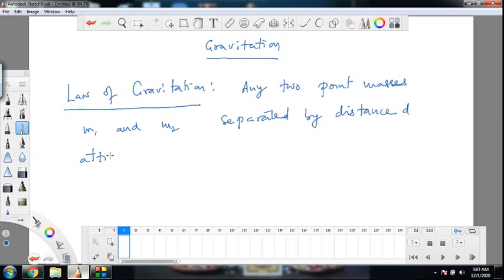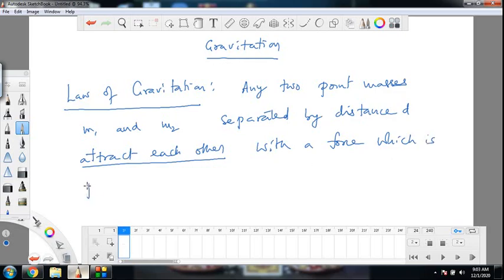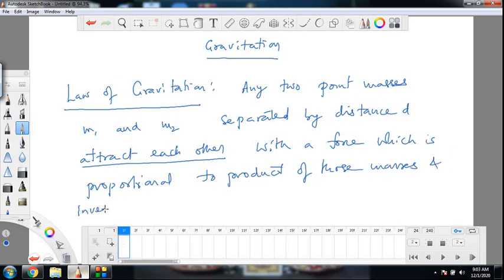attract each other with a force which is proportional to the product of those masses and inversely proportional to the square of distance between them.